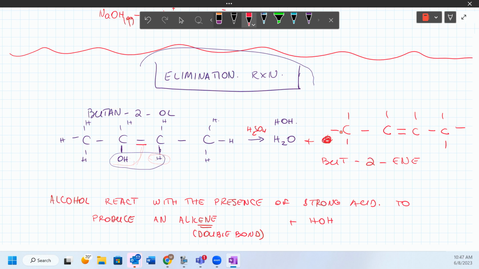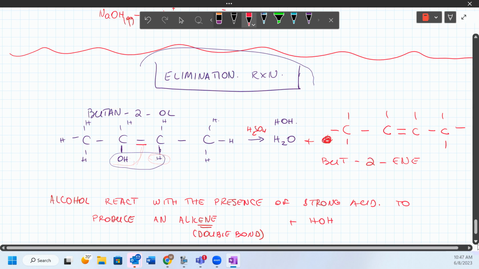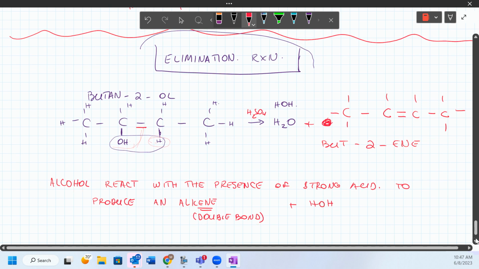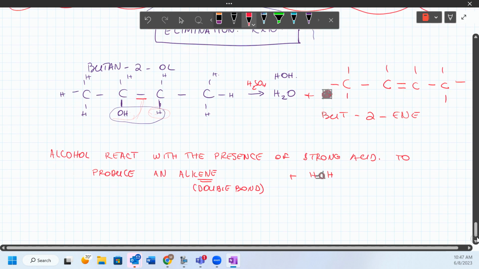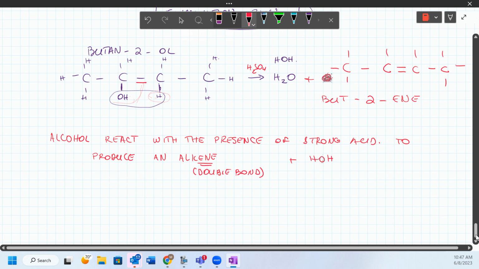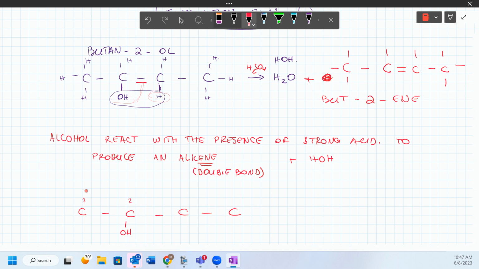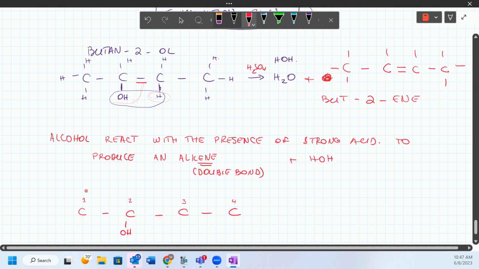So what am I saying here? Let's take a look at the butan-2-ol. So we have C, C, C, C, and then here we have OH, and everywhere else we have H's. Now this is carbon number 1, carbon number 2, carbon number 3, carbon number 4.